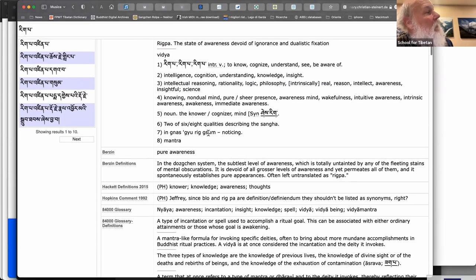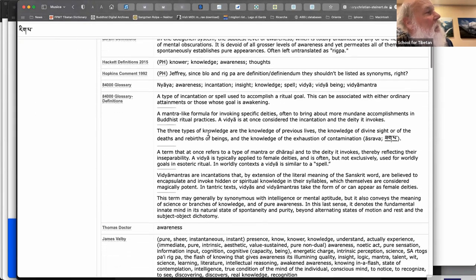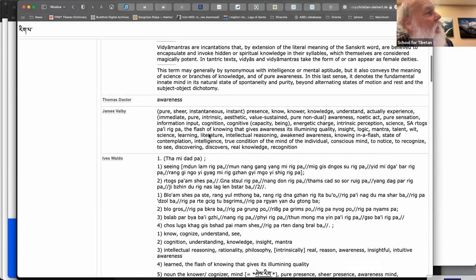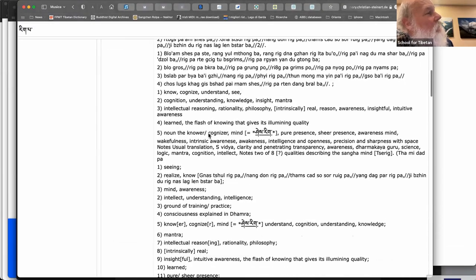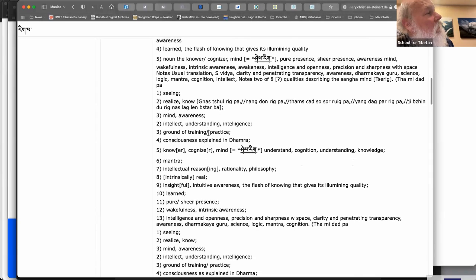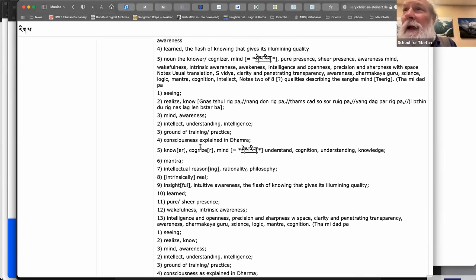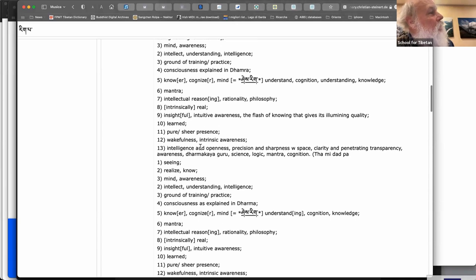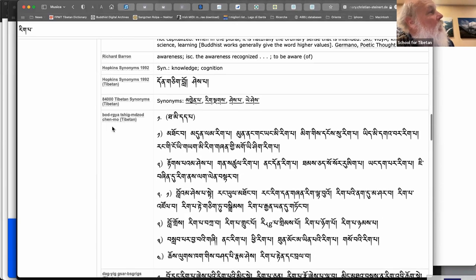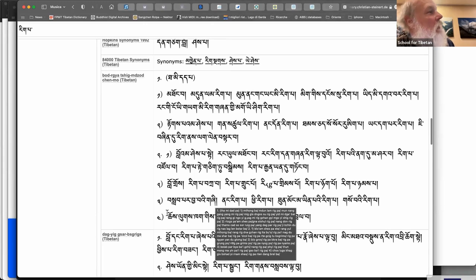And then, if you know Sanskrit, there are Sanskrit equivalents. That is also very nice. But it is tremendously repetitive. And there is also Tibetan. This is quite okay.